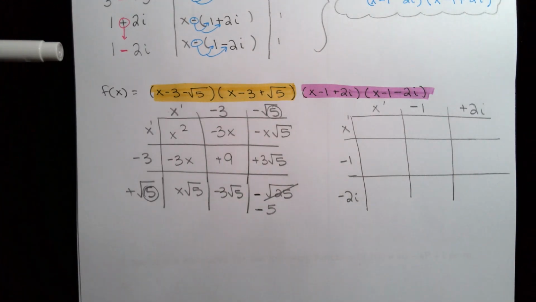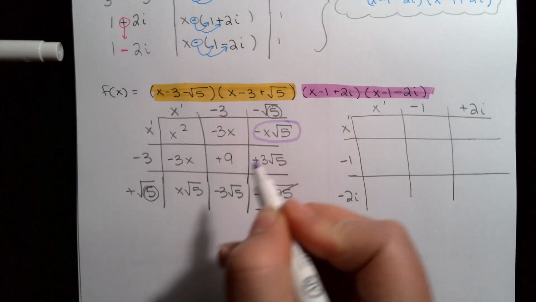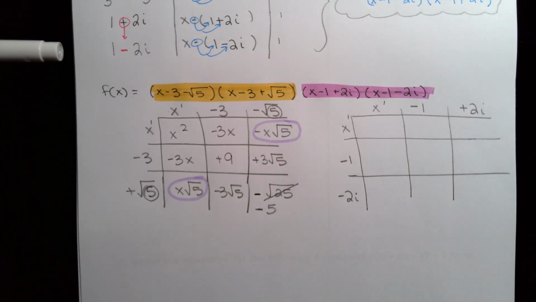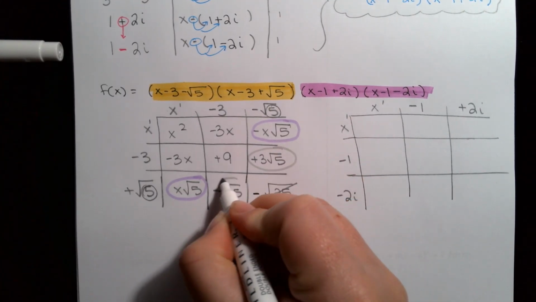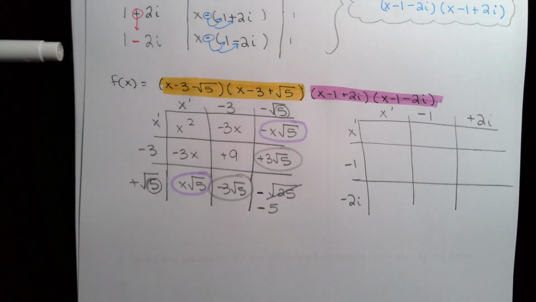Now, when we focus on conjugates, you'll notice that things are also going to eliminate. That's the whole point, to eliminate our square root. So we have a plus version and a minus version here. We also have a plus version and a minus version here. And that will eliminate, remove these terms.